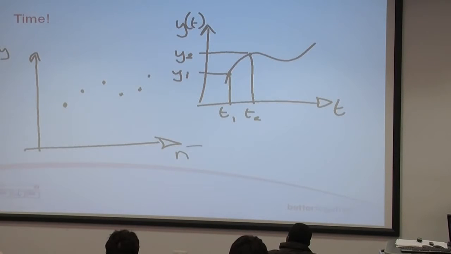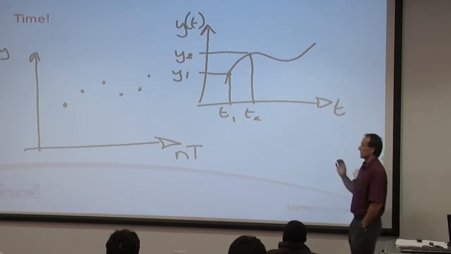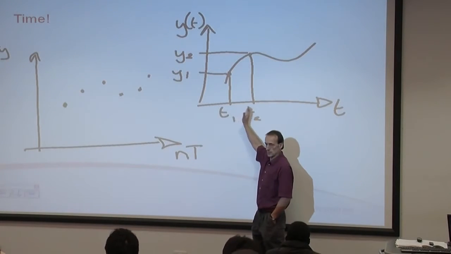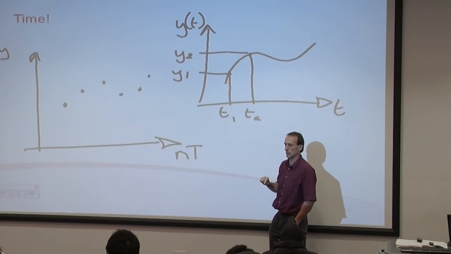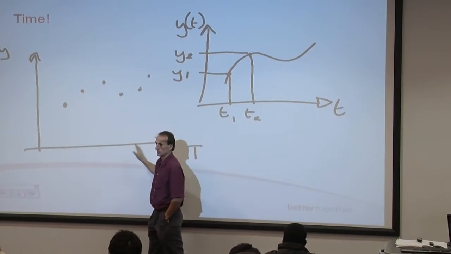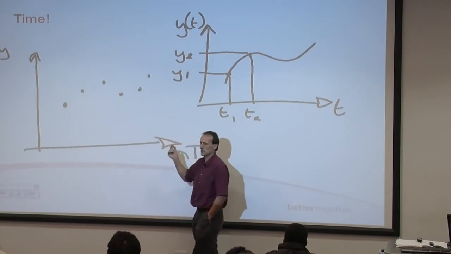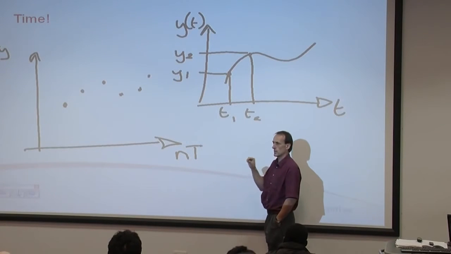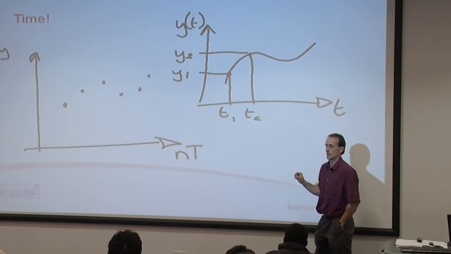Because there's a finite time between each sample, the information available inside your digital system only exists at discrete points in time.